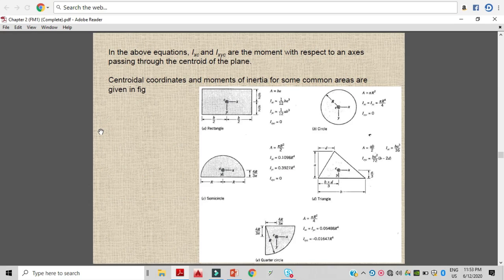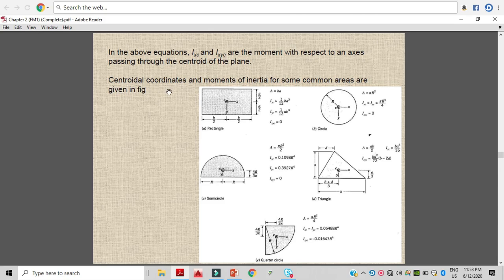So here you can see that in the above equation, Ixc and Ixyc are the moments with respect to an axis passing through the centroid of the plane.